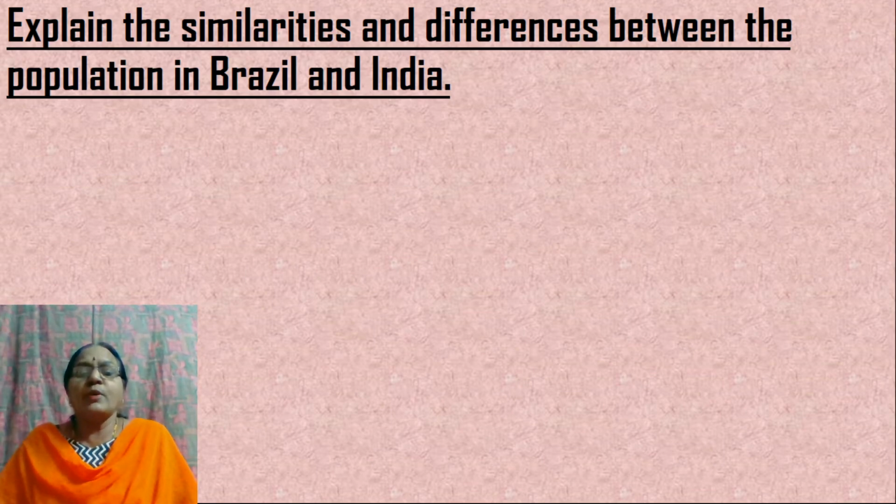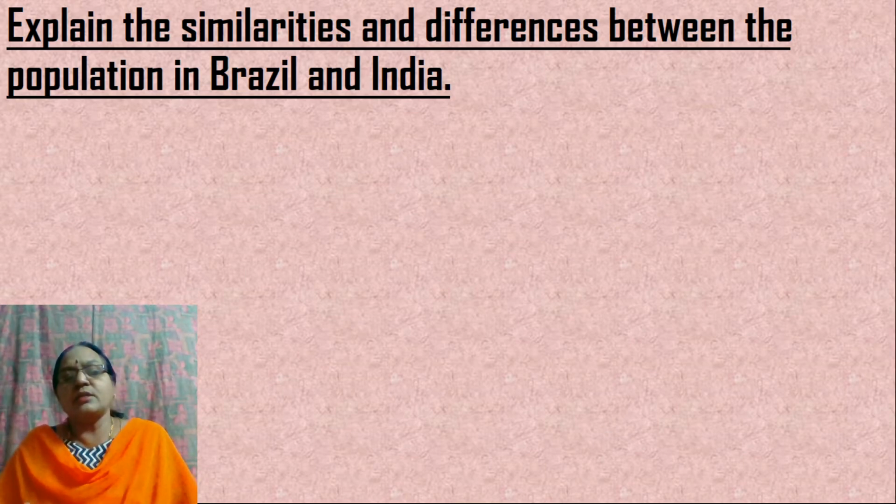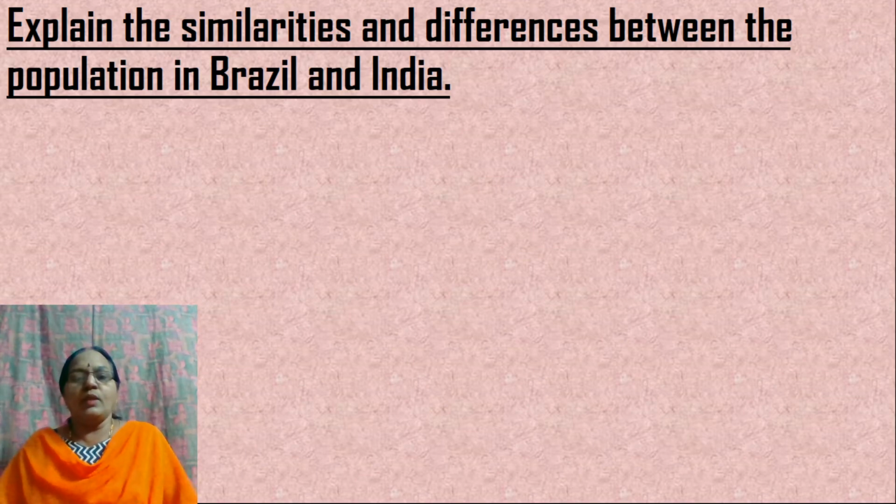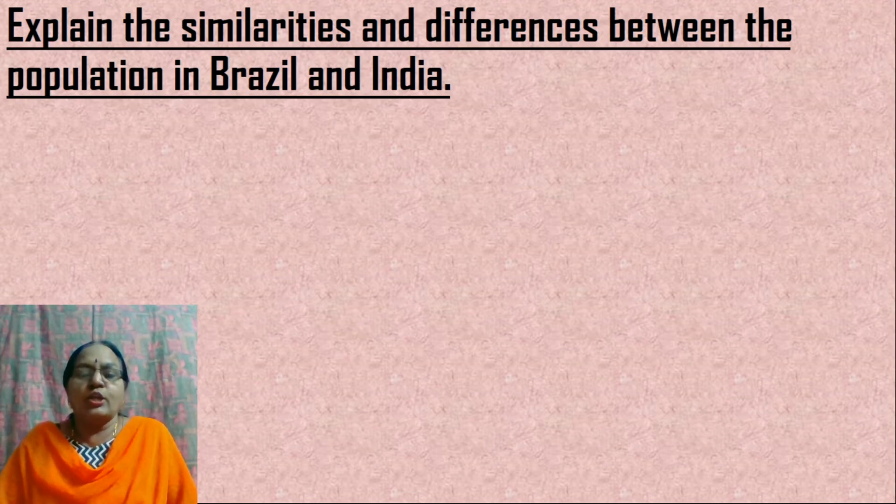Now what about the differences? Remember, children, I've already sent you the notes of this lesson also, so refer to the notes. What about the differences in the population? If you take the regions along the banks of rivers, for example along the North Indian plains, where you have the Ganges, you can compare the population density along the banks of the river Ganges.